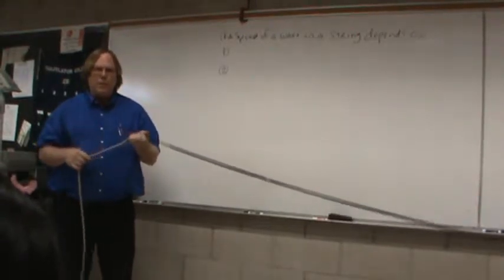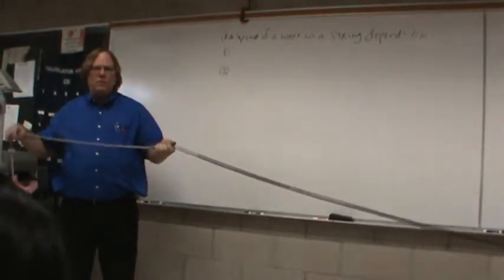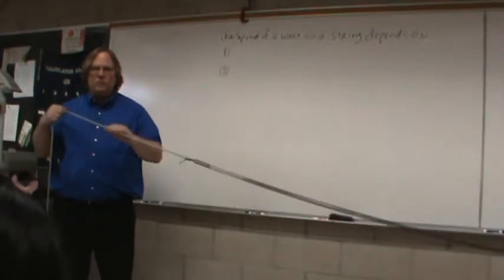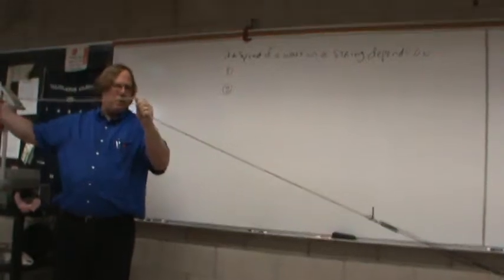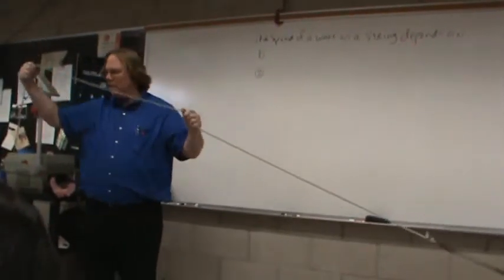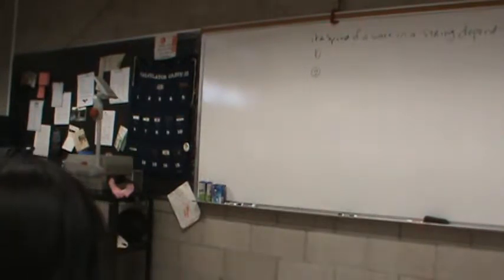But there's another thing the speed of a wave on a string depends on besides the tension. I'm going to demonstrate this by having the wave go from that spring to this cotton string. From that steel spring to this cotton string. Try saying that fast. Okay, move back to the cabinets.